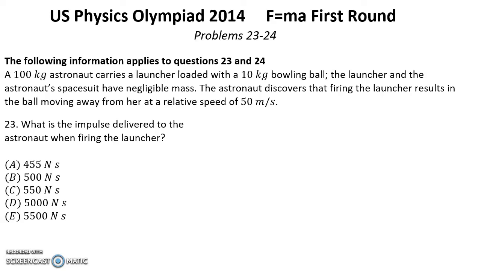The astronaut discovers that firing the launcher results in the ball moving away from her at a relative speed of 50 meters per second. Question 23. What is the impulse delivered to the astronaut when firing the launcher?